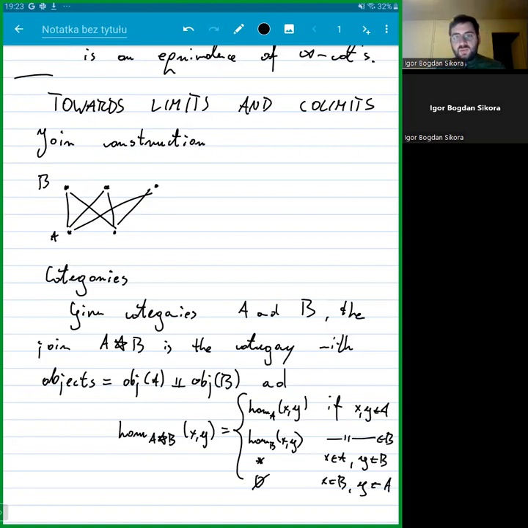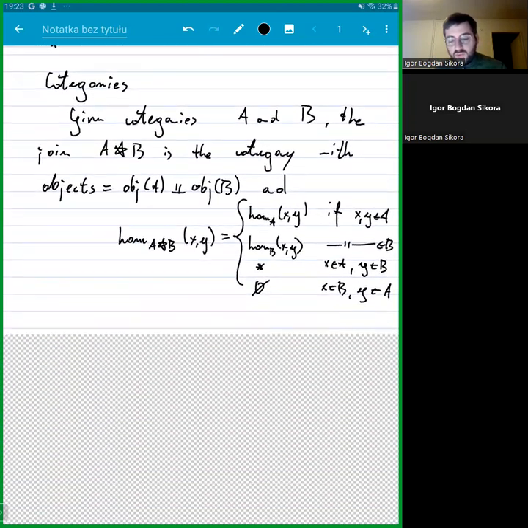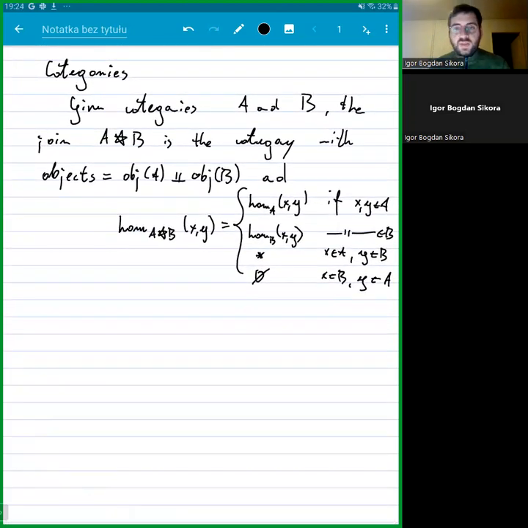So really what we are doing here is mimicking the construction of the join in topological spaces. We have two categories. We can think, for example, about them as one on the bottom, one on the top. Of course, if we have two objects on the bottom, then morphisms between them are morphisms on the bottom.